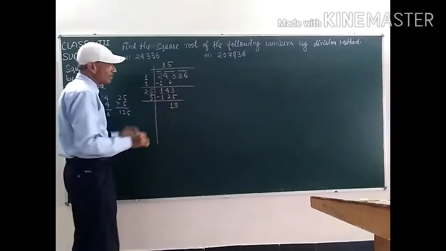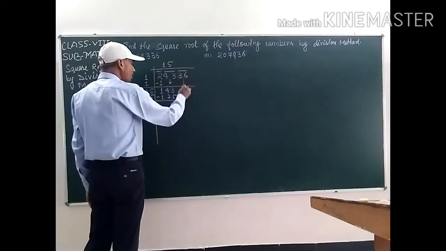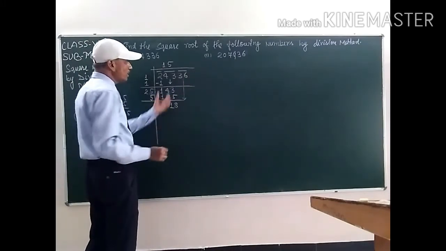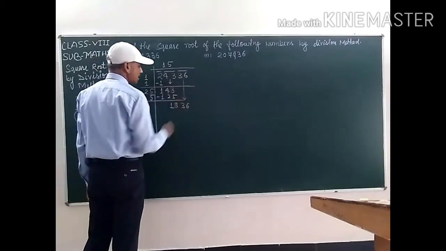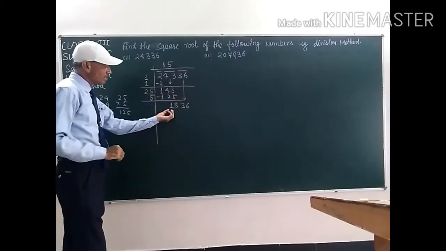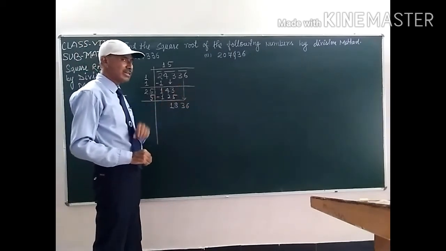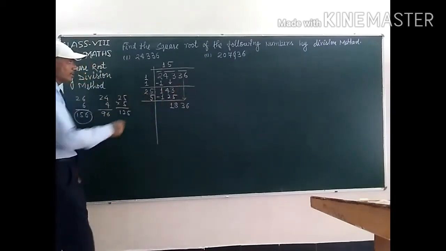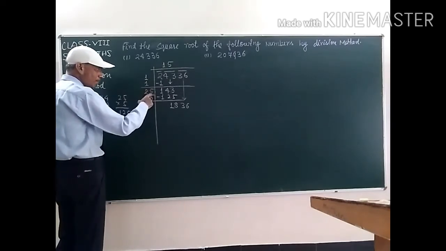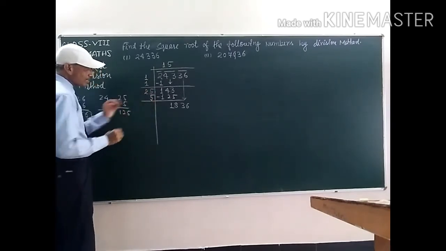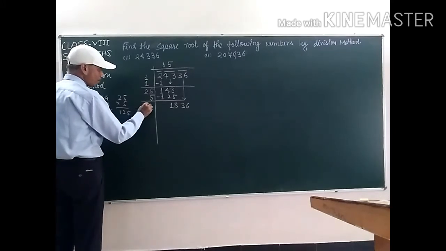18 is left here, and now we will take this pair here, that is 36. The number is now 1836, and here students add this number: 25 plus 5, that is 30.